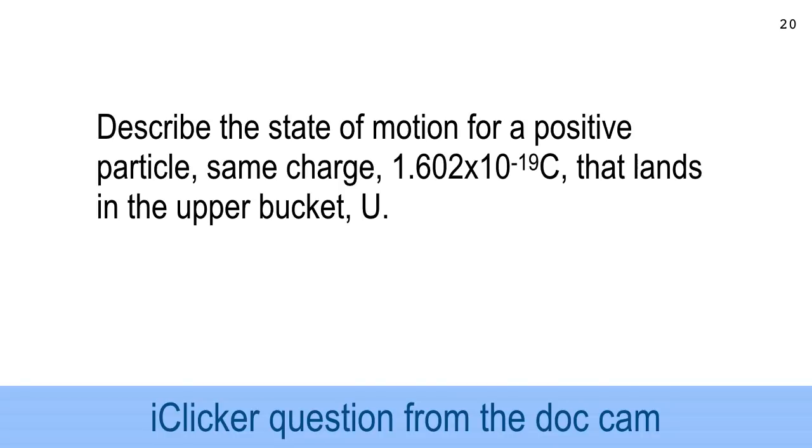There's actually a space in there too, so you can type 2 words if they're not too long. I think the limit is 14 characters. See if you can type in some short description that describes the dynamical state, the state of motion, for something that goes into the upper bucket.